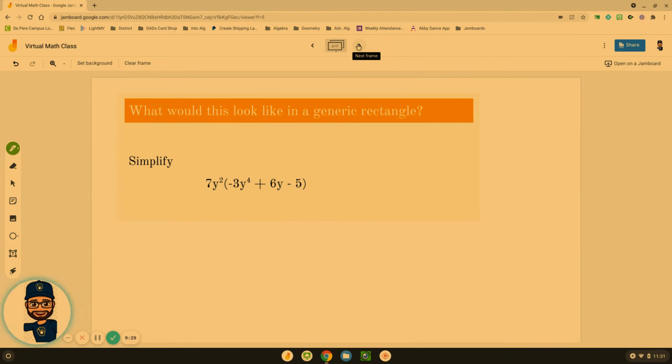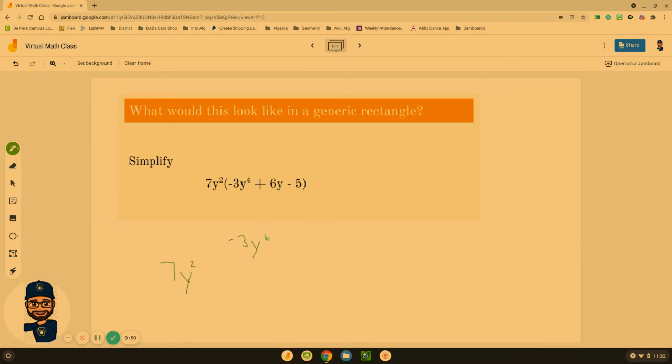Now here is what we would call a monomial times a trinomial. And what might a generic rectangle look like? Okay, well, I would have a 7y squared for my monomial, and then I'd have the 3 terms across top.